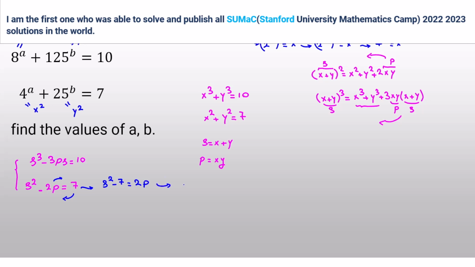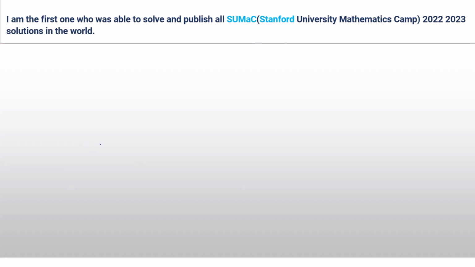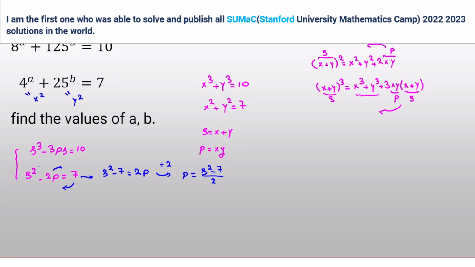Now, if you divide both sides by 2 and switch the left hand side and the right hand side, p will be s squared minus 7 over 2. Now, if we plug in this for p here, we have s cubed minus 3 times s squared minus 7 over 2 times s.